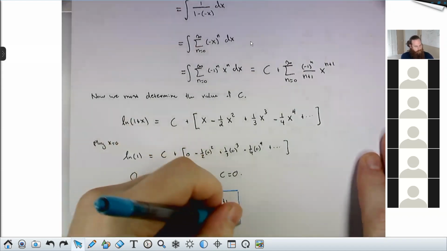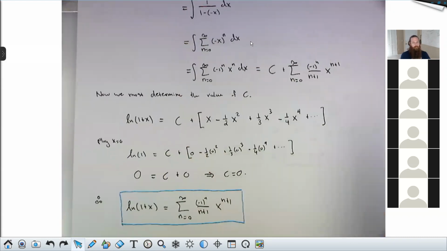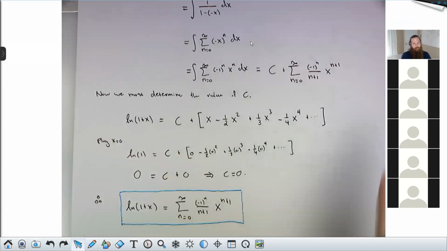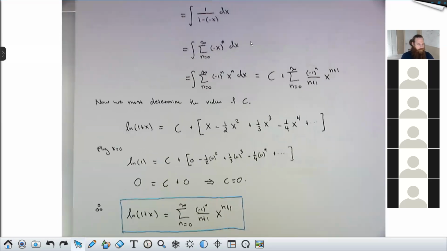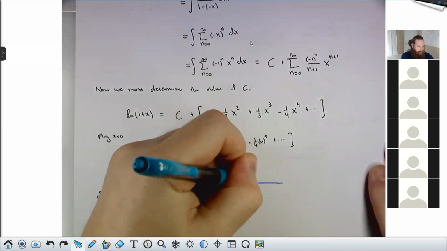Store this somewhere safe in your memory where it will never be forgotten. It is special. Just like the other special series we learned, we should remember along with it its interval of convergence.